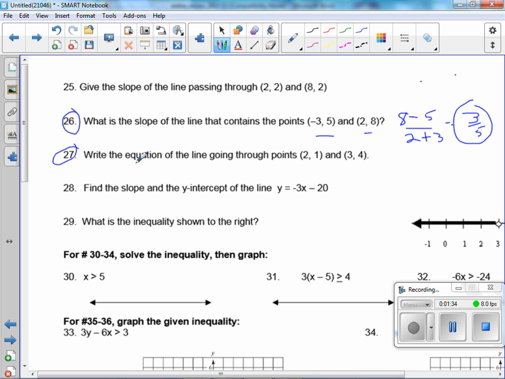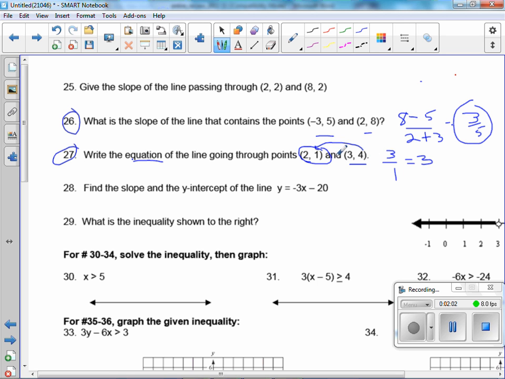Number 27. Write the equation of the line going through points 2, 1, and 3, 4. So to write the equation, you're first going to have to figure out what the slope is. So when I subtract, I'm going to have 3 over 1. That's the same as 3. So the slope is 3. So m is 3. Now using point slope, I'm going to use one of the points.